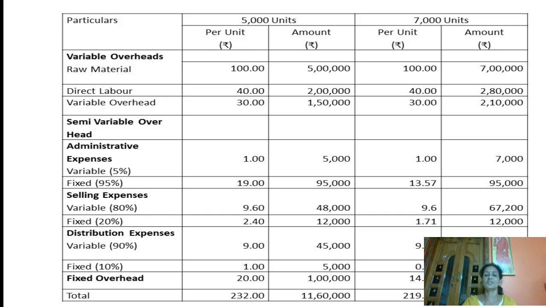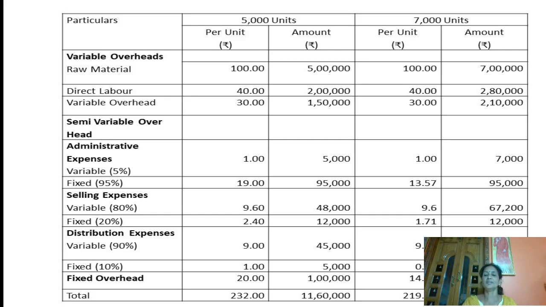Unit cost remains the same. But in fixed expenses, when the production increases, the fixed amount will be the same, but the per unit cost varies. How you got here 13.57 is just divide 95,000 by 7,000.